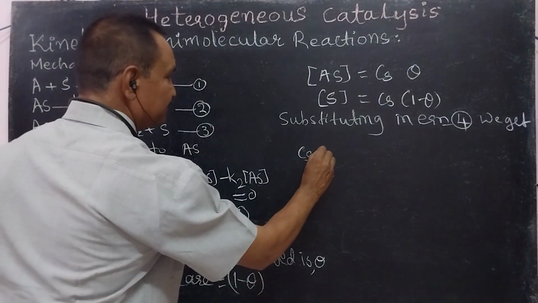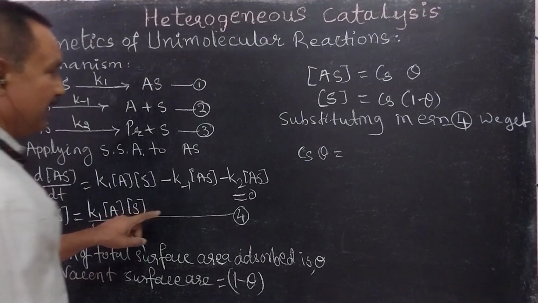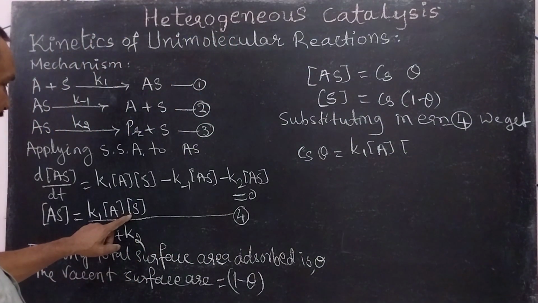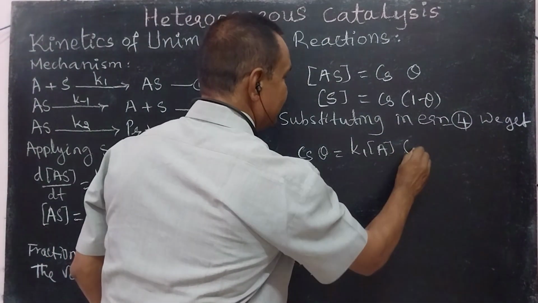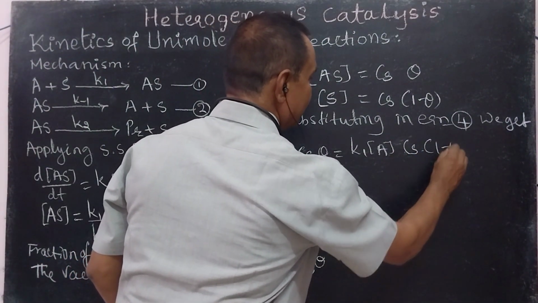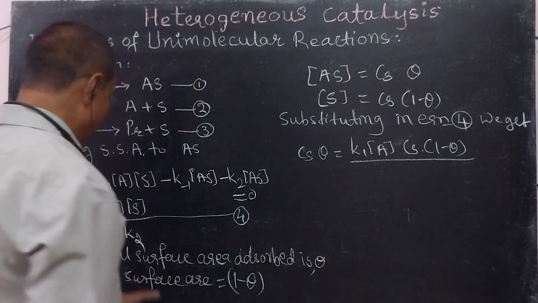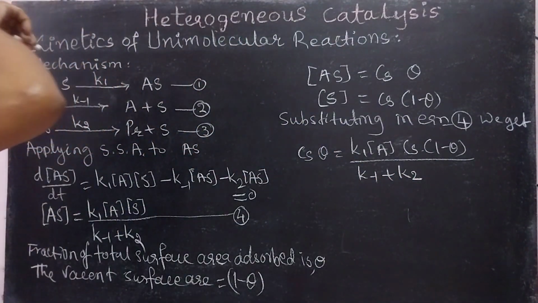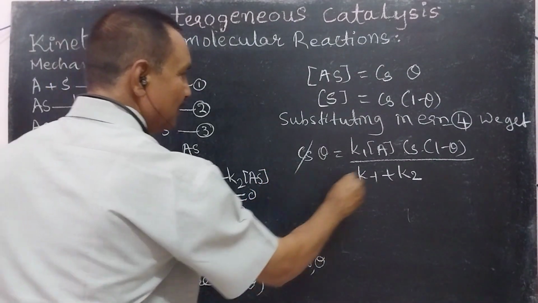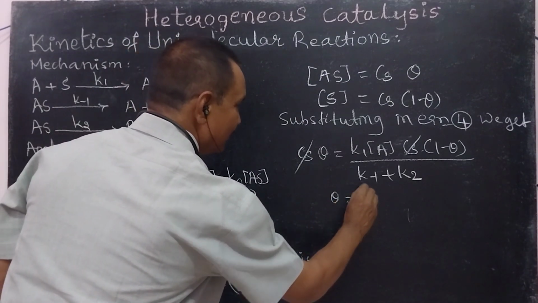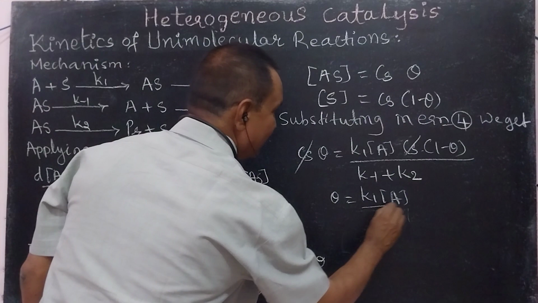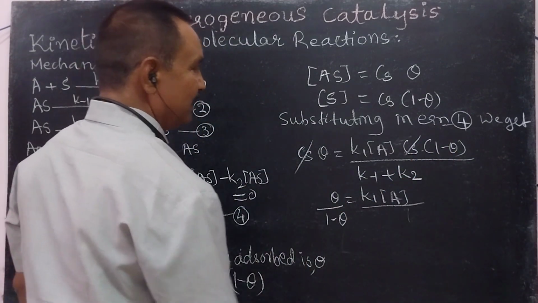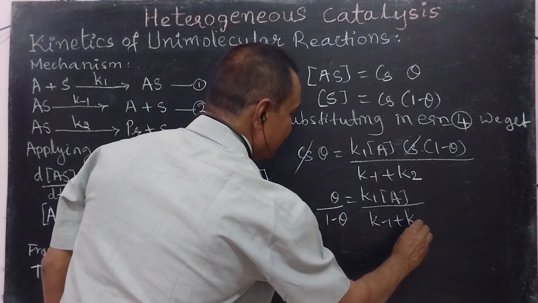Then K1 into concentration of A and concentration of S, where the concentration of S may be substituted by CS into 1 minus theta, divided by K minus 1 plus K2. By cancellation of these two CS, we get theta divided by 1 minus theta is equal to K1A divided by K minus 1 plus K2.